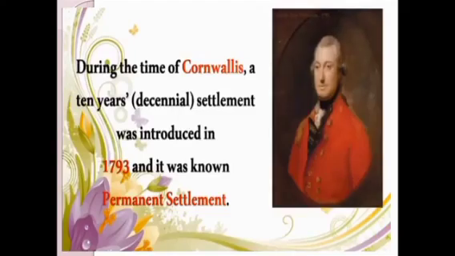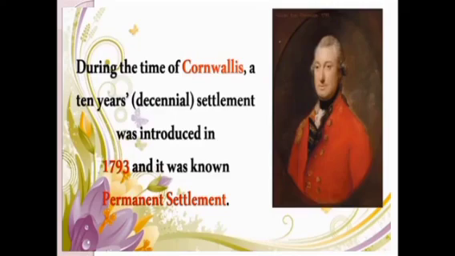Then during the time of Cornwallis, a 10 years, that is decennial settlement, was introduced in 1793 and it was known as permanent settlement. So during the time of Cornwallis, a 10 years, which means decennial settlement, we can pay the tax once for 10 years.